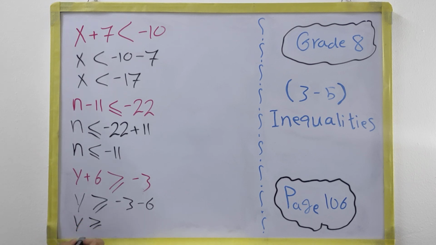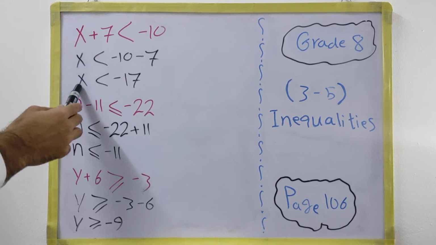Y is greater than or equal to negative 9. Y is any number which is equal to negative 9 or greater than negative 9. It can be negative 8, negative 7, negative 6, or any positive number, or 0, any number which is greater than negative 9. That's how you solve inequalities including unknown variables.